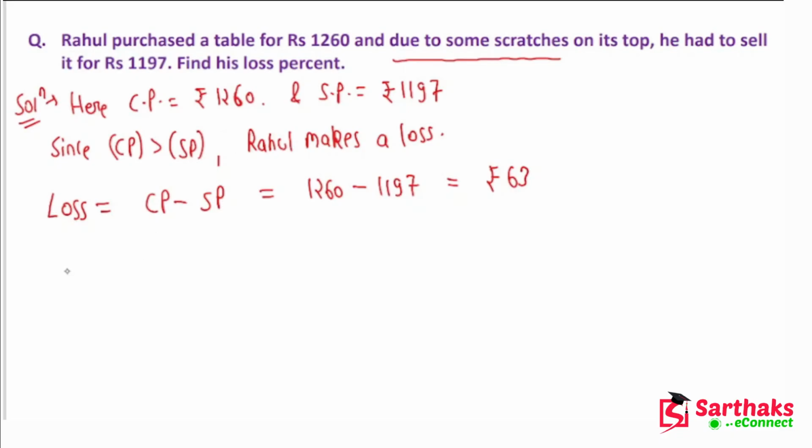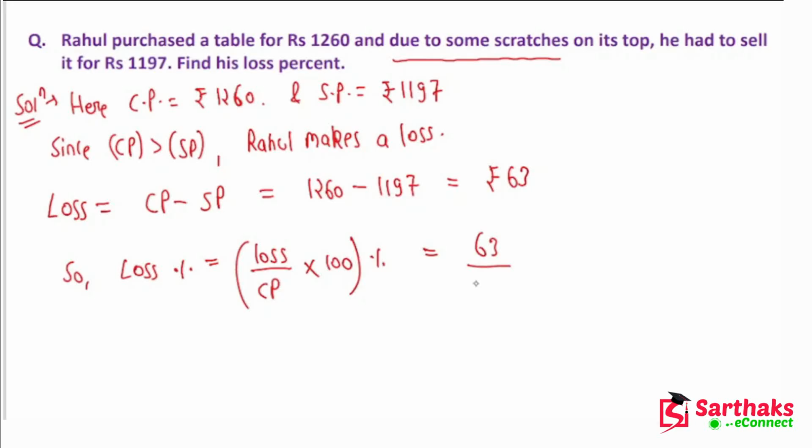Okay, so what would be the loss percentage? Loss percent is equal to loss upon cost price into 100. That was the formula. So it would be 63 upon what is the cost price? 1260 exactly, into 100%.